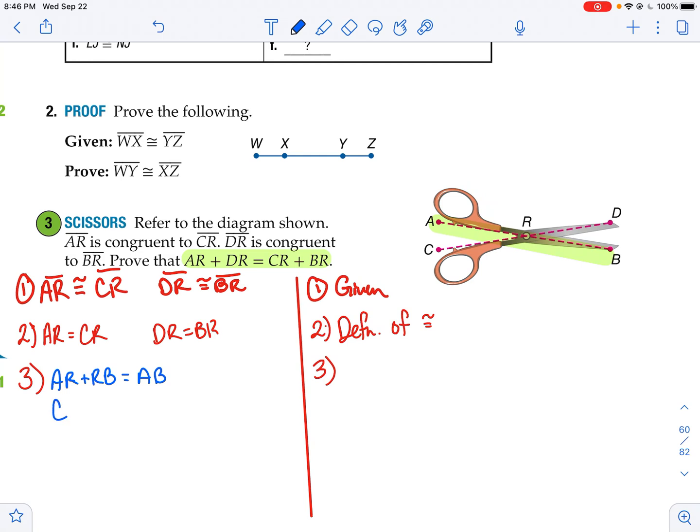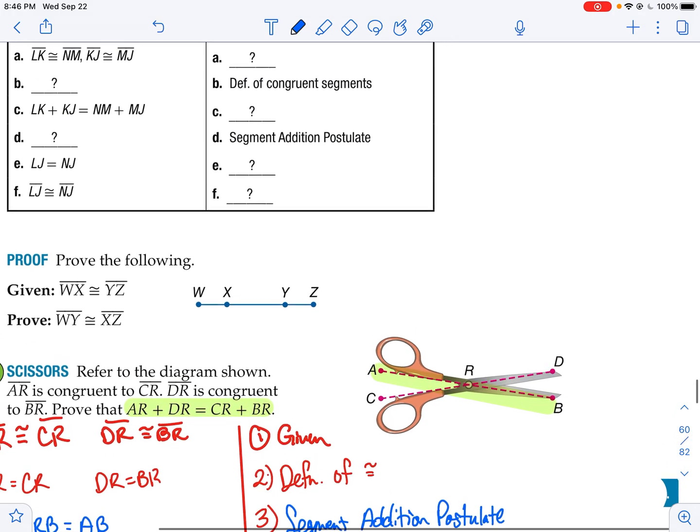And I can say that CR plus RD equals CD. Okay, so I've done my givens, I've done the definition, I've done segment addition postulate.